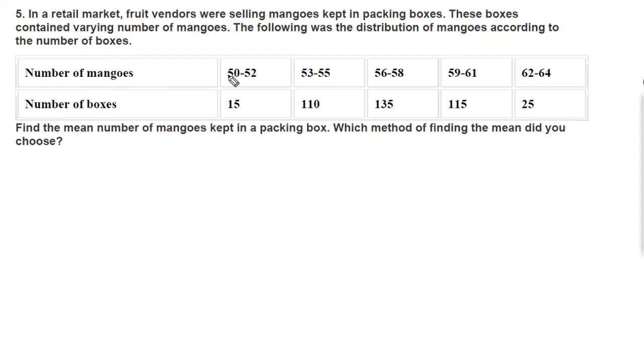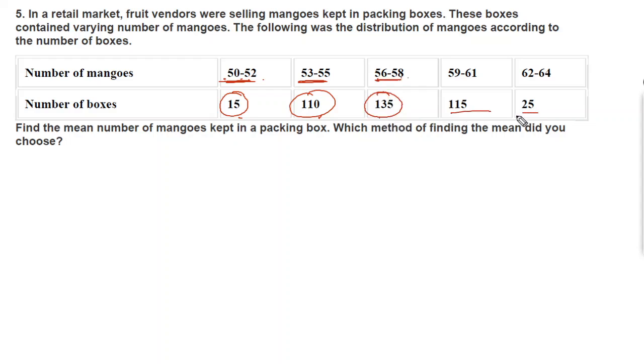So here you see the number of mangoes. 50 to 52 mangoes are in 15 boxes. That means 53 to 55 mangoes are kept in 110 boxes. Then 56 to 58 mangoes are kept in 135 boxes, and so on.